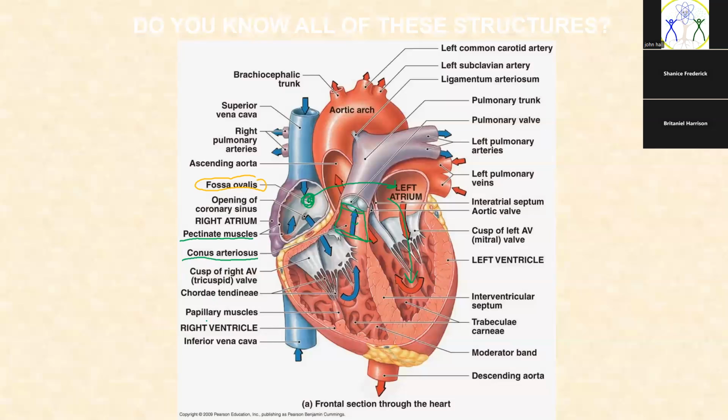Then now, here's another one you might not know, which is your papillary muscle. Now, these muscles are coming off of the walls of the ventricles. They look like little lumps. And attached to these papillary muscles, we have strings. And these strings are called the chordae tendineae.